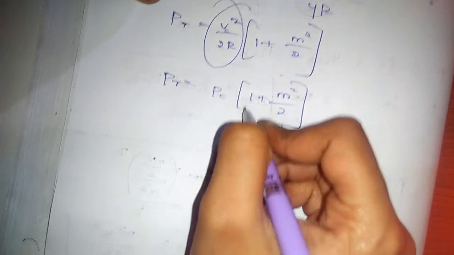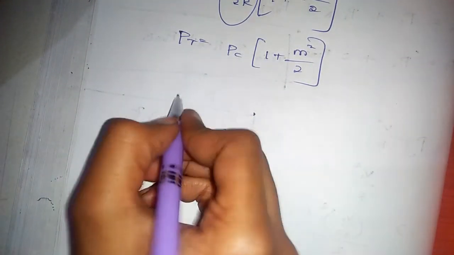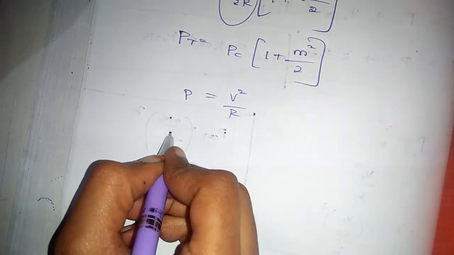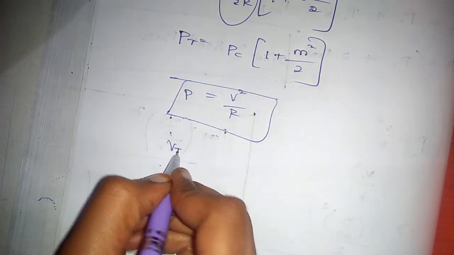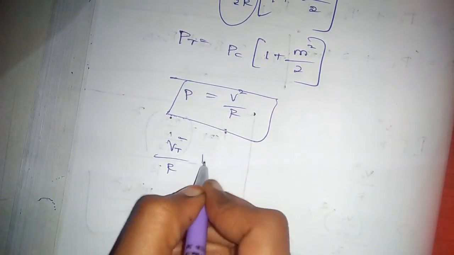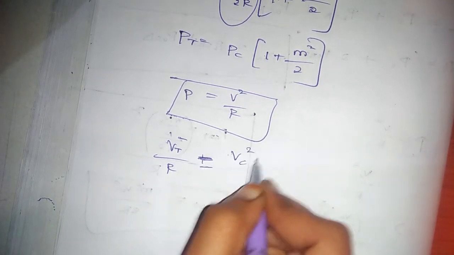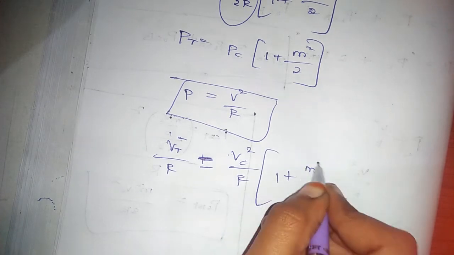In order to get this power relation in terms of voltages, we have P = V square by R. So VT square by R = Vc square by R of (1 + m square by 2).